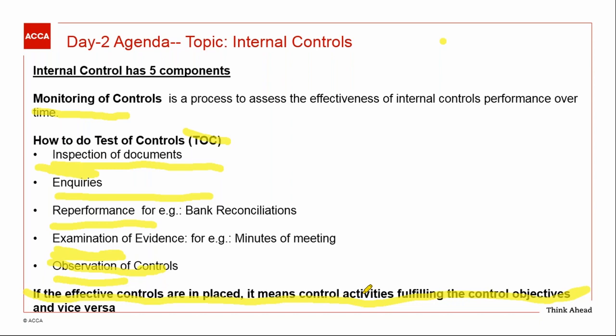So test of controls is necessary for the auditor before applying the substantive procedures. Auditor always does test of controls first. If the controls are strong, the auditor can reduce the substantive procedures.